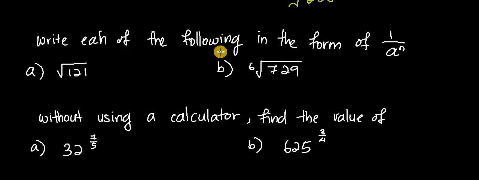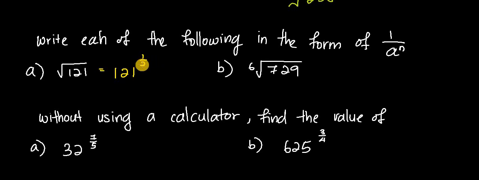Alright, so now write each of the following in the form of 1 over a power n. That means they're asking you, hey, convert this into fractions. So how do we do that? Now, this is a square root. So we know a square root usually here will be the invisible number is 2. Alright, power 2 usually in a square root we do not write. So another way we can write this is 1 power 1 over 2.